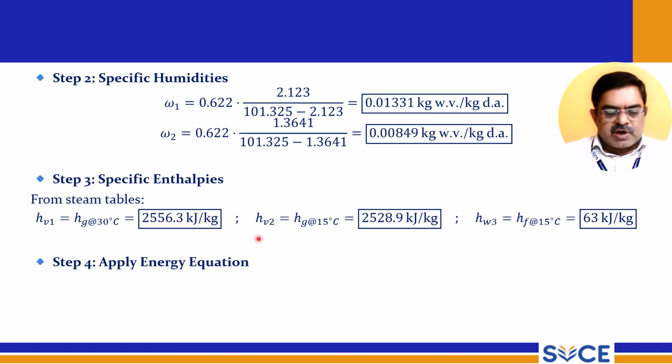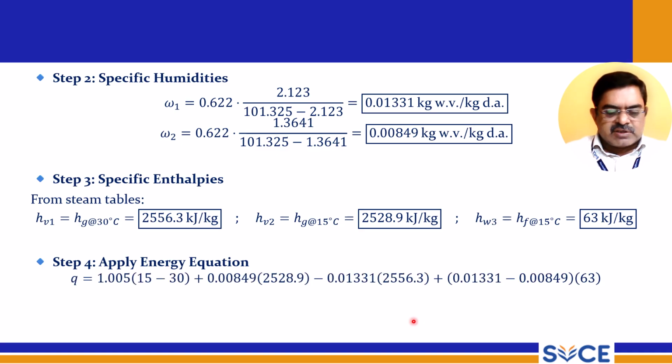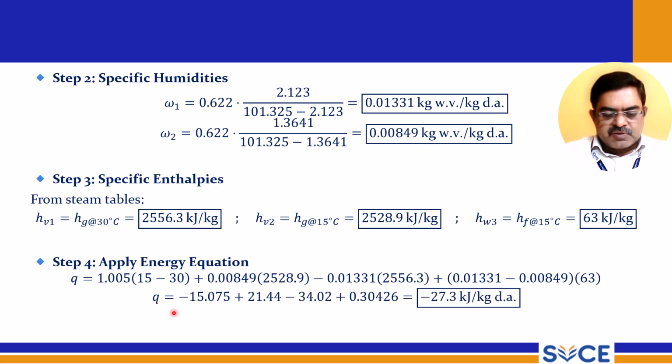So step 4, applying the energy equation. Just substituting all these values in our energy equation, we get Q equals minus 27.3 kilojoules per kg of dry air. So for this example, it is minus 27.3 kilojoules per kg of dry air.